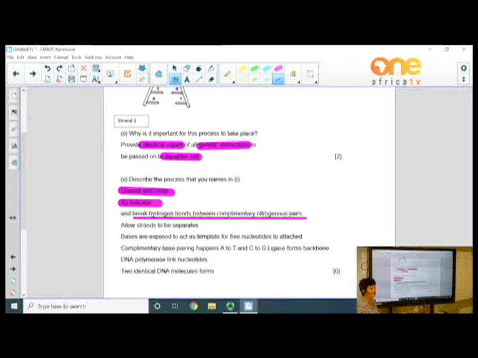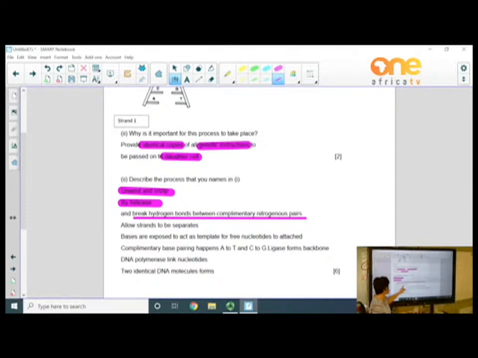You cannot just say the hydrogen bonds break, because unfortunately there are hydrogen bonds between other parts, inside the cytosine, to make that cytosine ring. So the hydrogen bonds break between the complementary nitrogenous pairs. I need to know where the hydrogen bond is that will break.